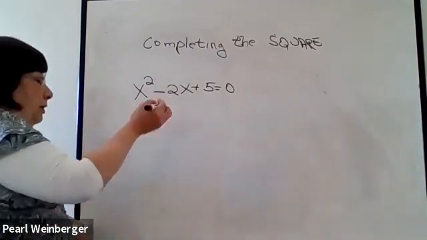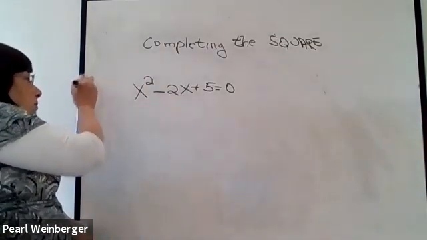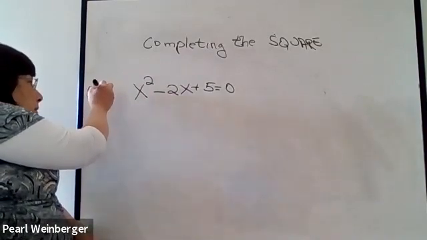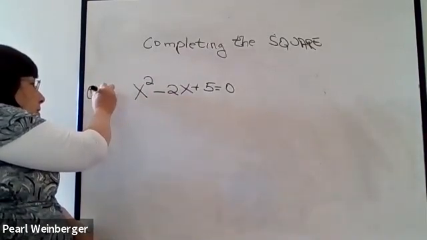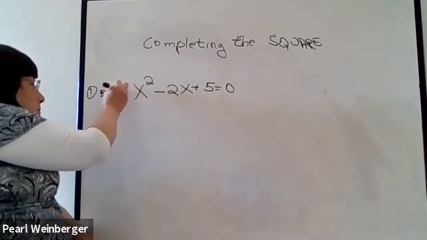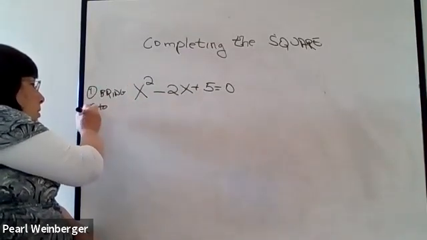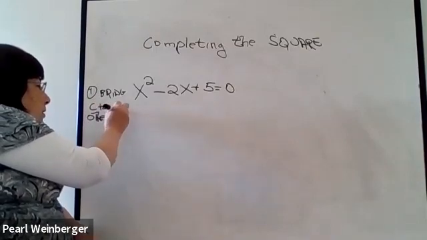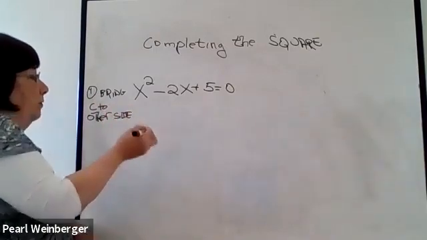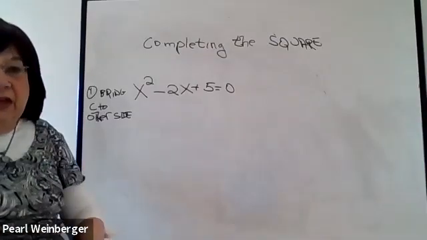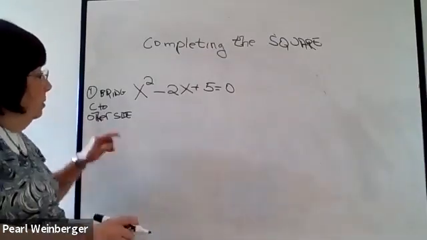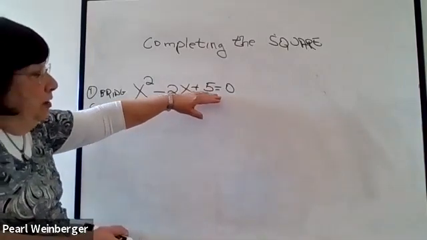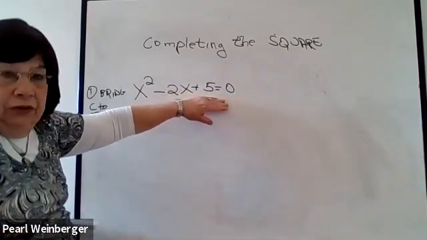So step 1 is bring the c to the other side. Unlike the factoring method and unlike the formula method, you don't want this equal to 0.